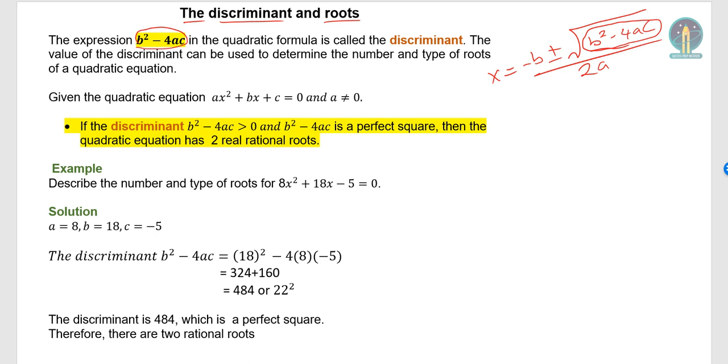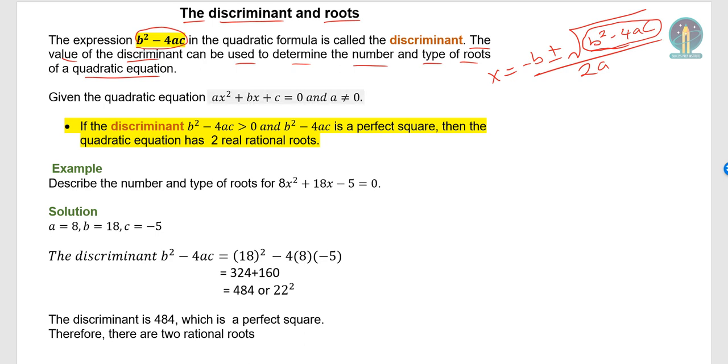Okay? Now, the value of the discriminant can be used to determine the number and the type of roots of a quadratic equation, even before solving the entire formula. Okay? Here's an example.